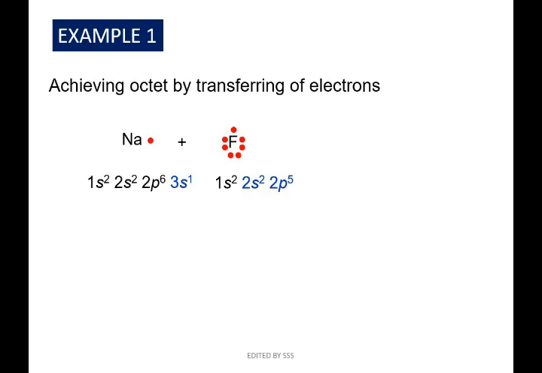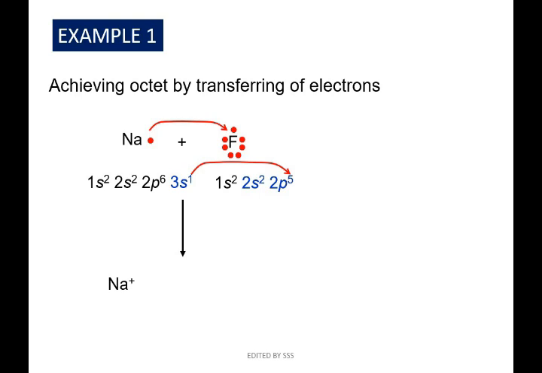Fluorine has 7 valence electrons. Sodium is a metal and loses its valence electron, donating the electron to the fluorine atom, while fluorine is a nonmetal. Fluorine gained that electron.